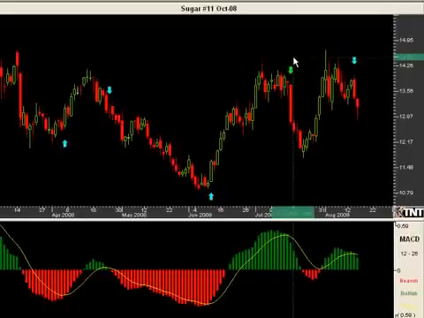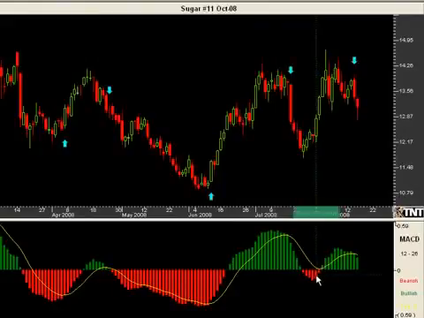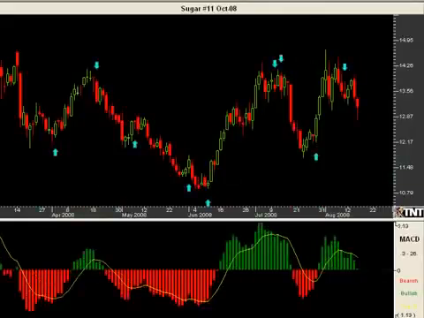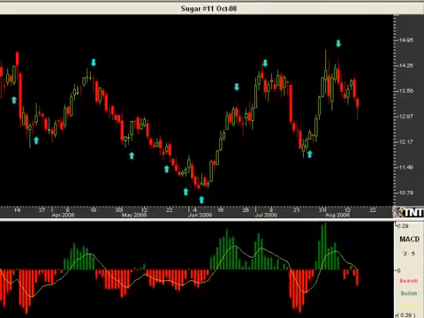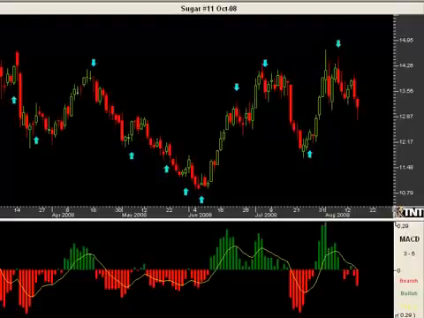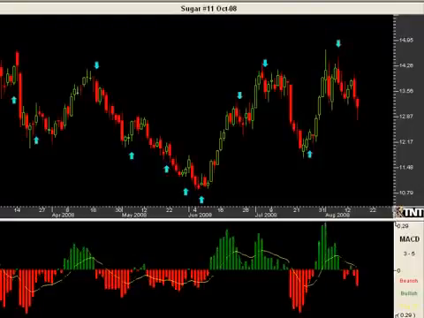Now, as I mentioned, MACD is a useful indicator, but it is painfully slow. To offset that, I use a slightly different group of settings to speed it up. Quite honestly, I don't know where I got these settings from. I think a friend gave them to me many years ago, but they seem to work pretty well.